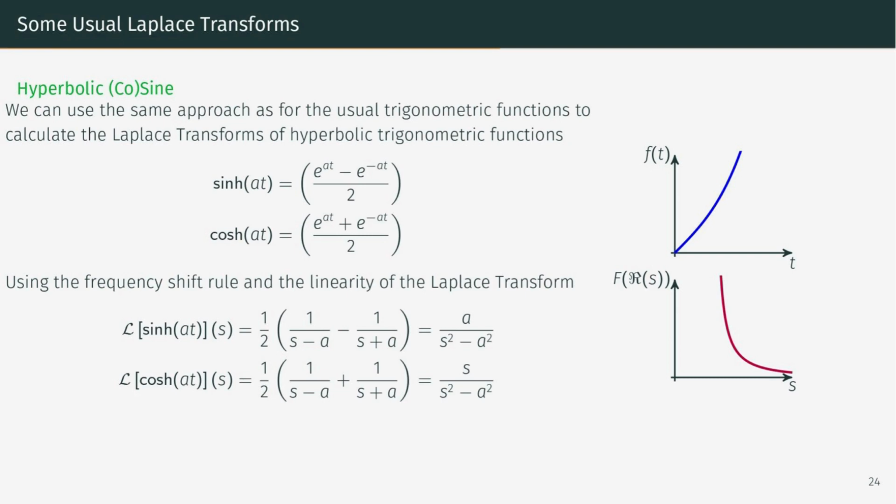And the Laplace transform of the hyperbolic cosine of at equals 1/2 times 1 over s minus a plus 1 over s plus a, which equals s over s squared minus a squared.